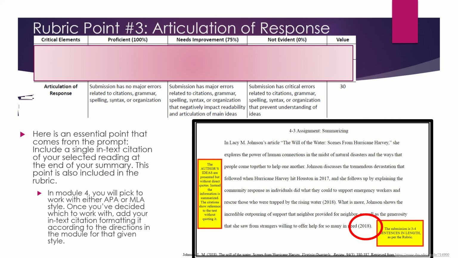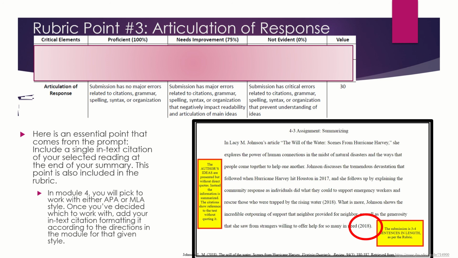As you go through Module 4, you will be learning about in-text citations, especially as you're understanding how MLA and APA work, and that's a big focus of Module 4. You will need to format your in-text citation either in MLA style or APA style.